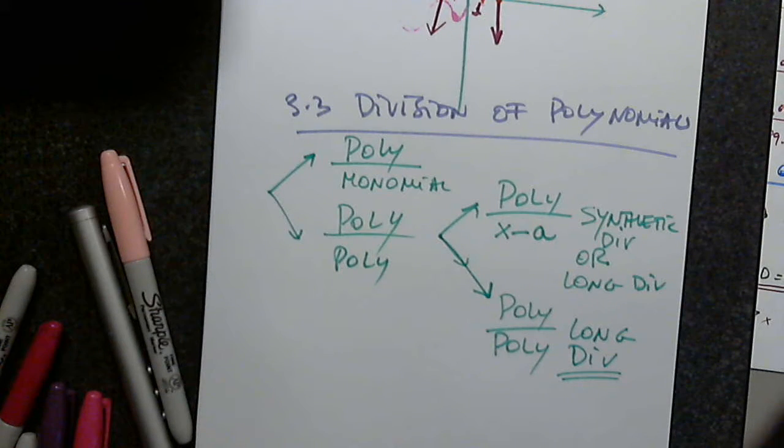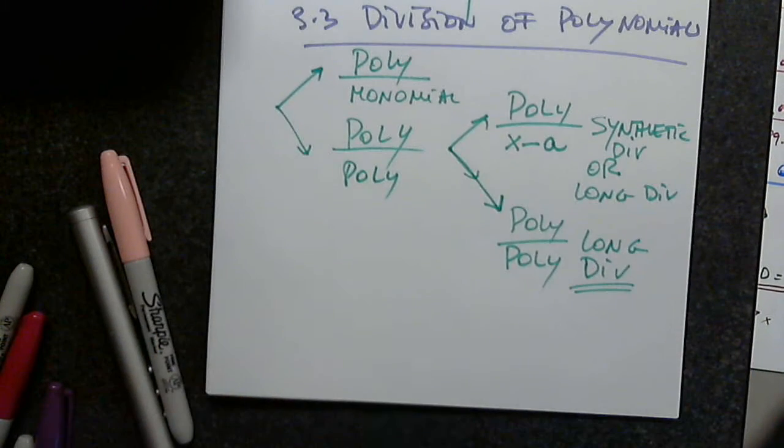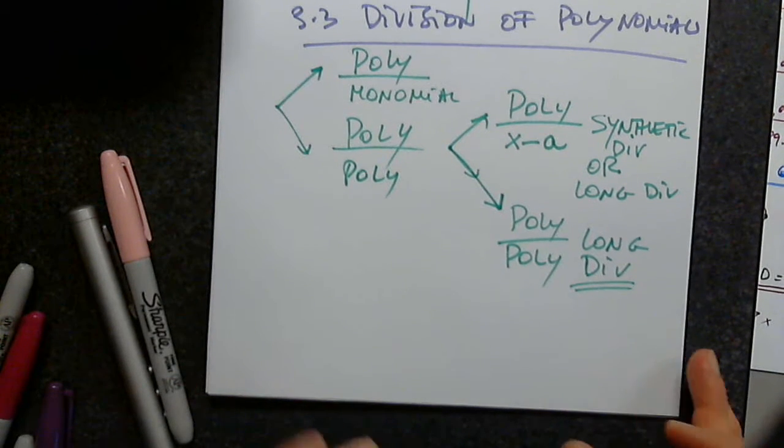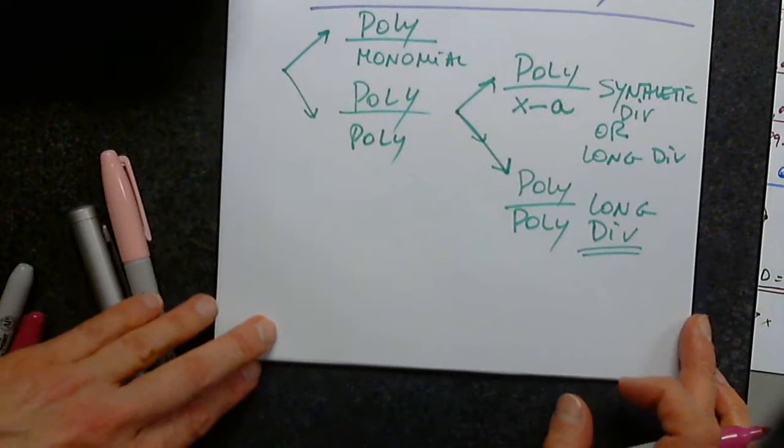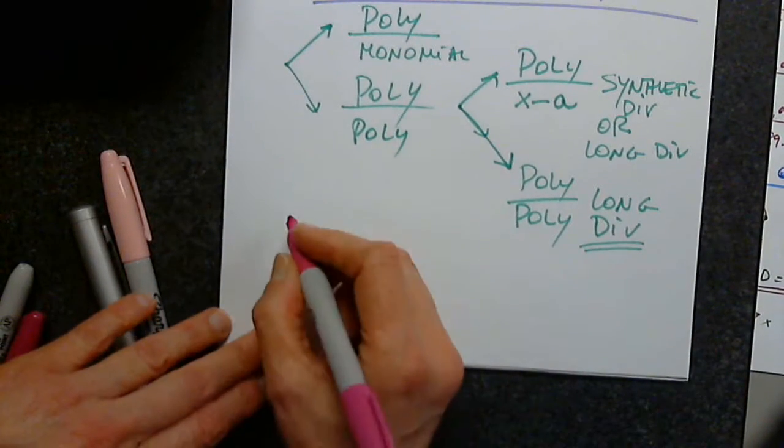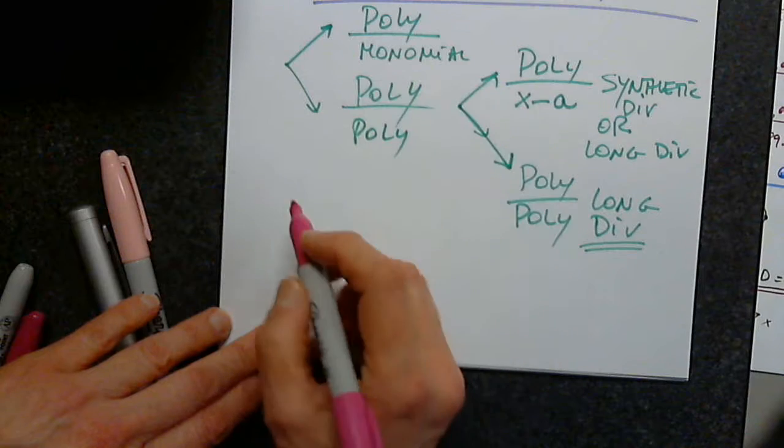But if I have something like this, I have the option of using the synthetic division or the long division. Okay, so let's start with the first type. There is none in your book, but I have to present it.